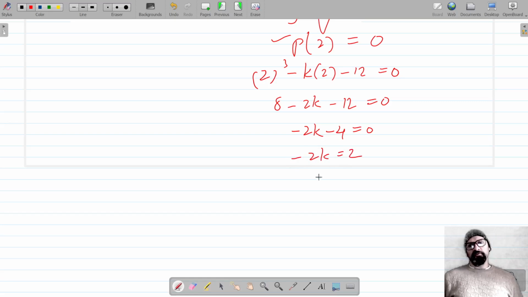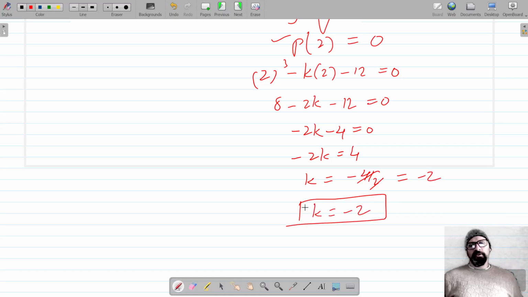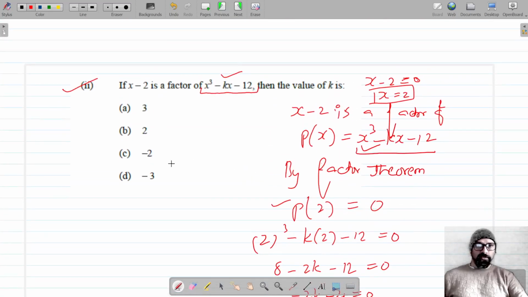Minus 2k is equal to 4, which gives me k is equal to negative 4 by 2, that is equal to negative 2. So k is equal to negative 2, and that's the option C. So C is the correct answer for this one. k is -2.